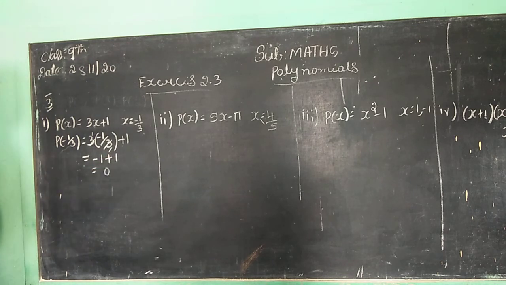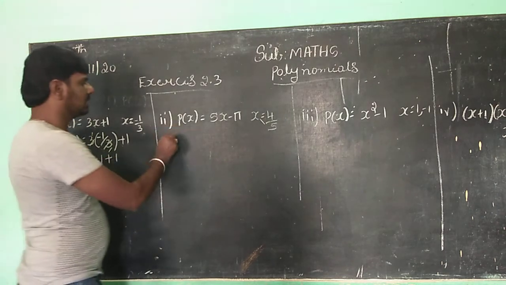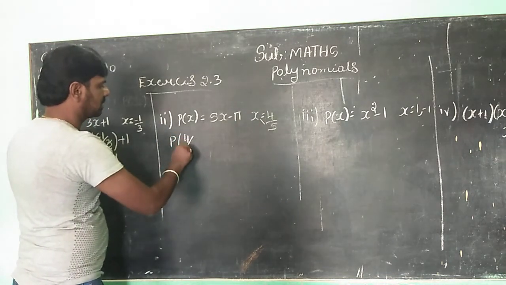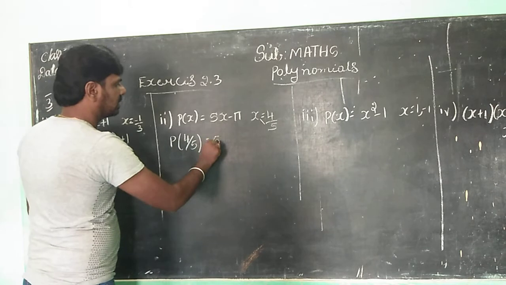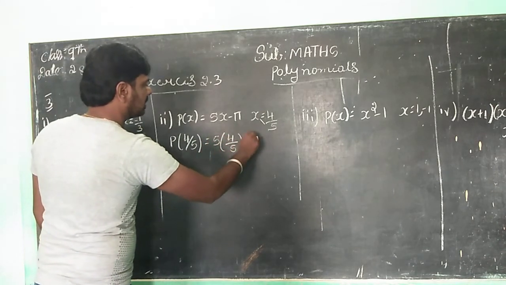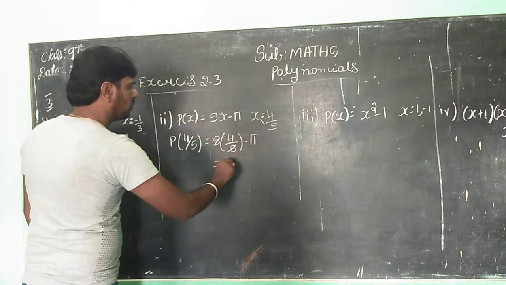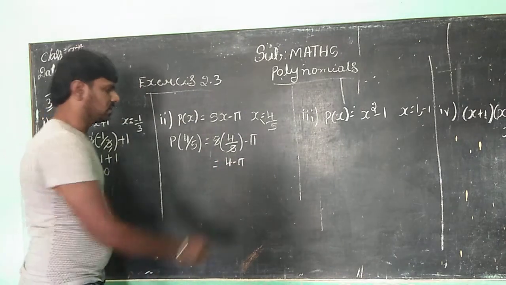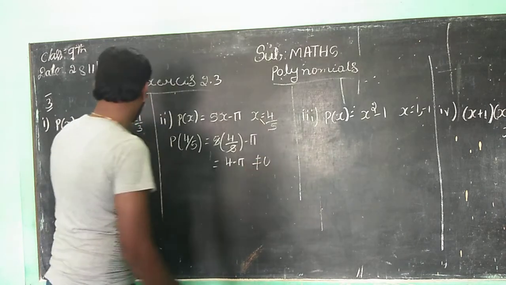Now this is p of 4 by 5, where x is equal to 4 by 5. Correct children? We write in x place 4 by 5 minus 5. We cancel it: 4 minus 5, so this is not equal to 0. Correct children? And the earlier one is 0.